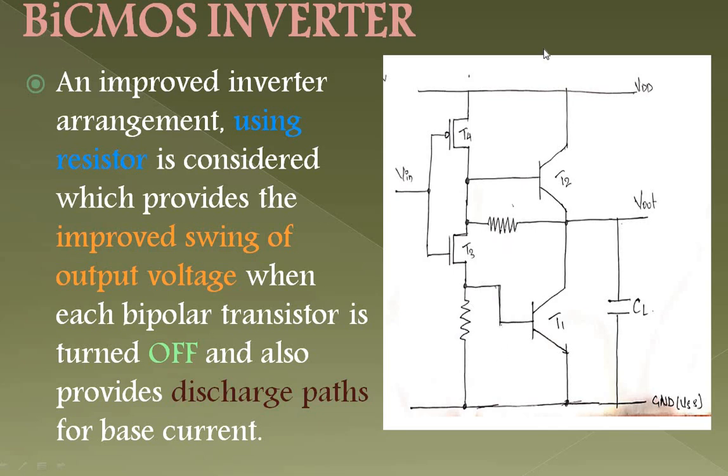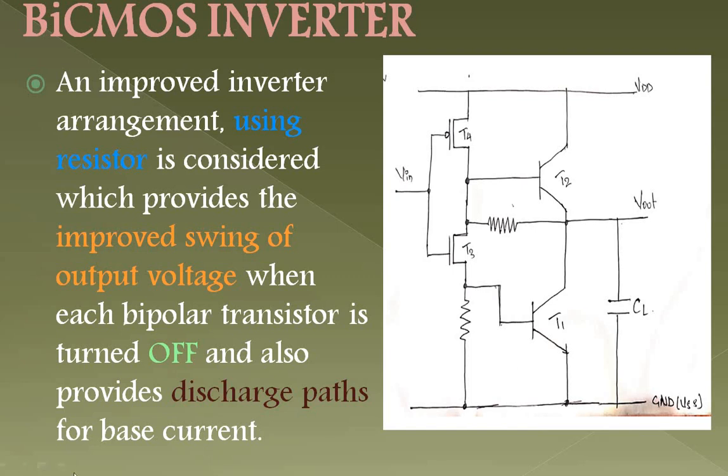In this particular BiCMOS circuit, an improved inverter arrangement using the resistor provides the improved swing of your output voltage. We have to get the proper output voltage swings, and that is obtained by using the resistors in your bipolar inverter circuit.